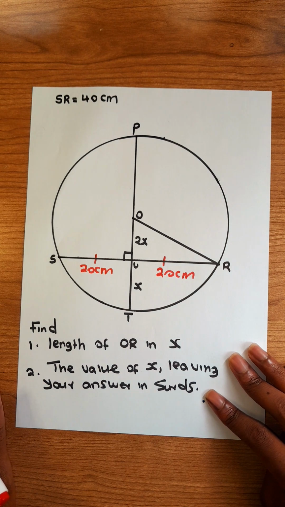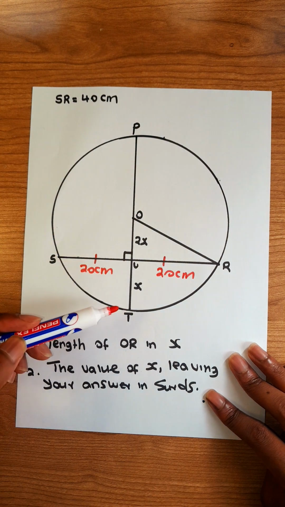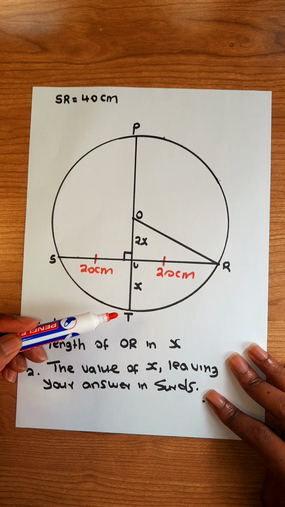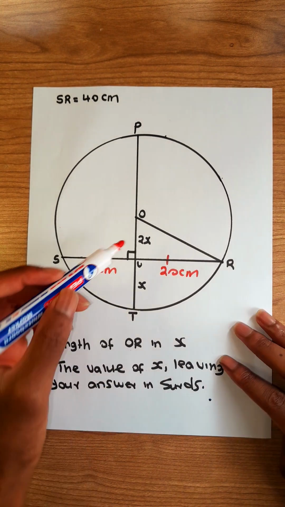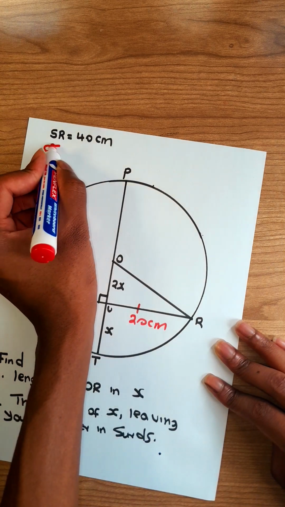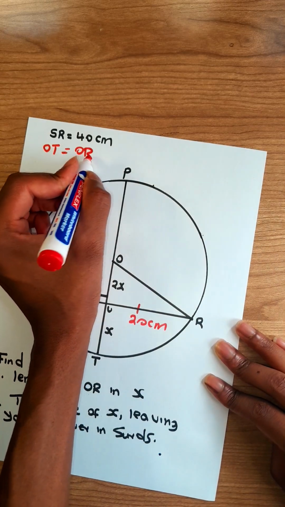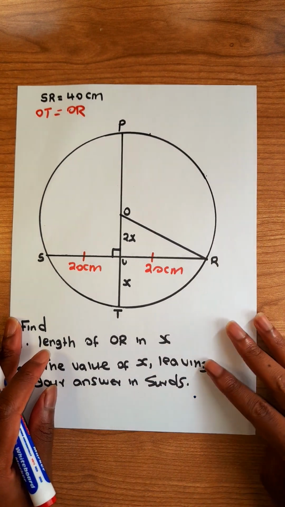So what do we know? We know that OR and OT are radii. What do we know about radii? We know that radii are equal, right? So let's write that: OT equals OR because they are both radii, and we know that radii are equal.